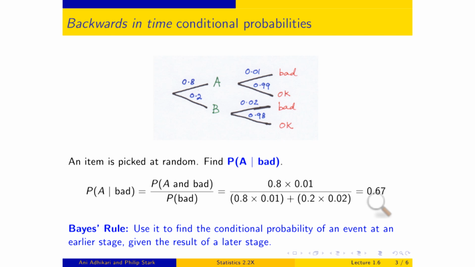This method is called Bayes' rule, due to the Reverend Thomas Bayes, and it is used to find the conditional probability of an event at an earlier stage given the result at a later stage. Its probability is going backwards in time. And this method is used a lot; your spam detection software and so on uses it. It updates its probabilities as to what kind of messages are spam based on information about what it's seeing.